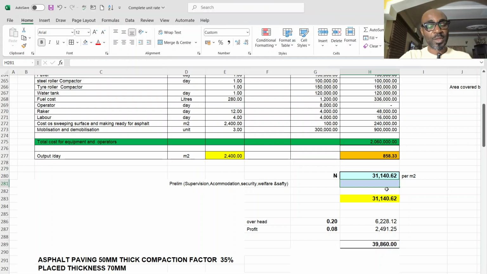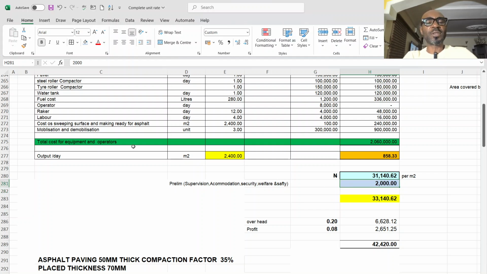So let's assume after calculating it, it's 2,000 per square meter for the cost of the accommodation, that is the offices and the canteen and all you want to build for your staff, the toilets, the changing rooms, the safety wears and all.